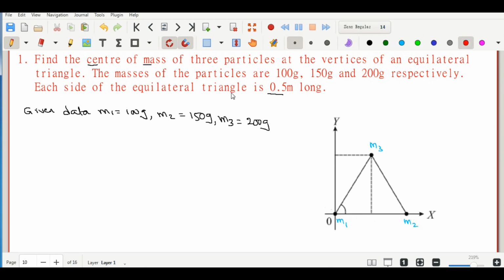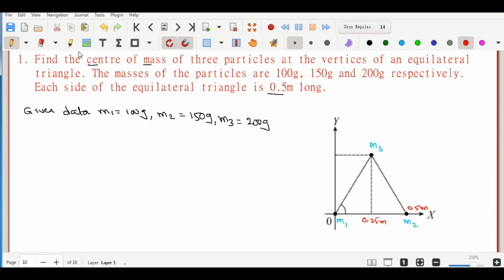Each side is along the x-axis, and the side is 0.5 meter. So half of that is 0.25 meter.